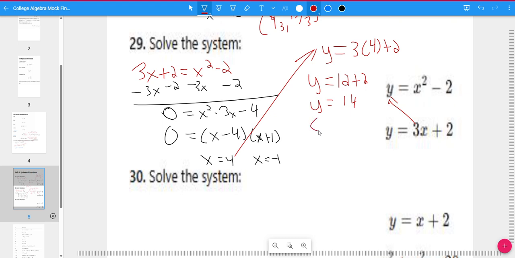So one answer would be x, so 4 comma 14. And then another answer, if I plug it in right here, y equals 3 times -1 plus 2. Type that in, and it gives me -3 plus 2, which is -1. So -1, my x, comma -1, my y.